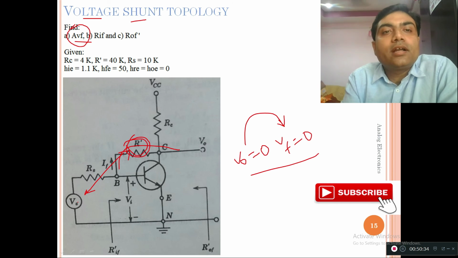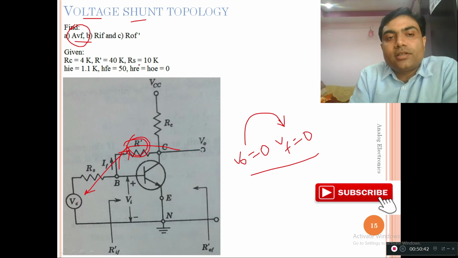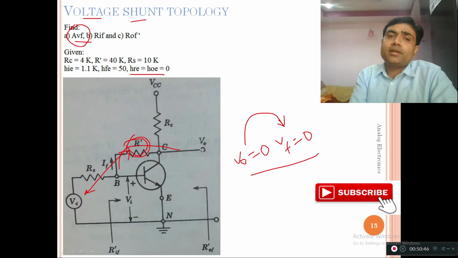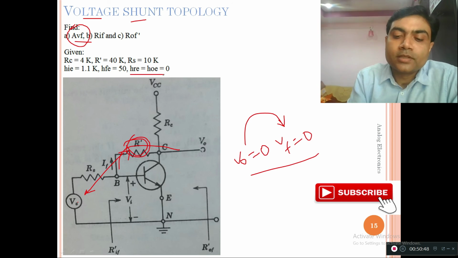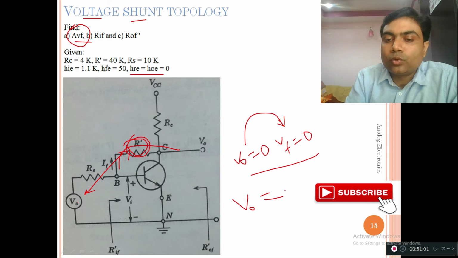Analyze the question, analyze the topology, and then come to a conclusion about which kind of analysis is going to be adopted. Here RC, R dash and different values are given, and again we have to follow the approximate analysis because HRE and HO equal 0. Now again I have to draw the input and output circuitry, and since this is voltage sampling, I will now make VO equal to 0 to find the input circuit.